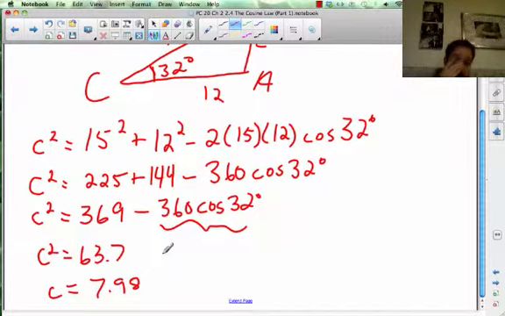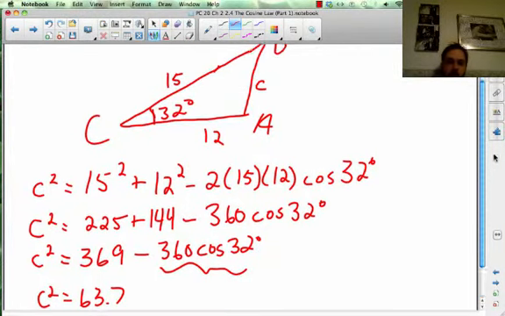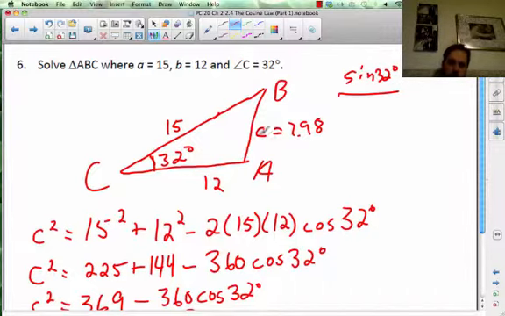And now that we have that, we can go ahead and solve for all of our other angles. So let's use the sine law here. So now we have c equals 7.98. So we can say sine 32 degrees, which is angle C, over side c, which is 7.98, equals sine of B. And the reason I'm doing B first again is that we know B based on our roughly to scale triangle.